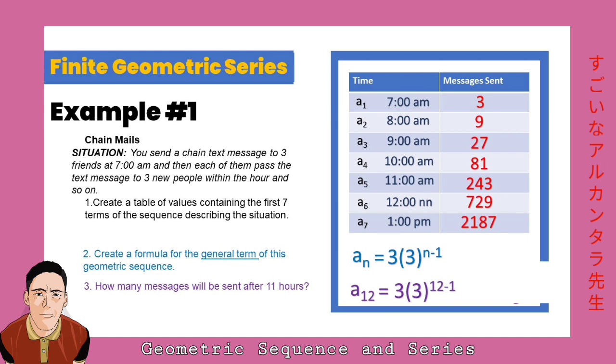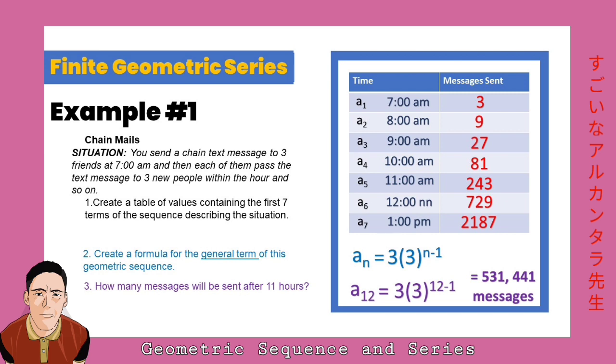Please make sure, especially when your common ratio is a negative number, to put it inside the parentheses when raising it to an exponent. Because at times, the negative sign is being misinterpreted as a minus sign for some calculators. So you have to be careful with this one. So once we continue, 12 minus 1 is 11. So you will have 3 times the quantity 3 raised to 11, and the answer is 531,441 messages. Again, simply type it in correctly and you will get the correct answer.